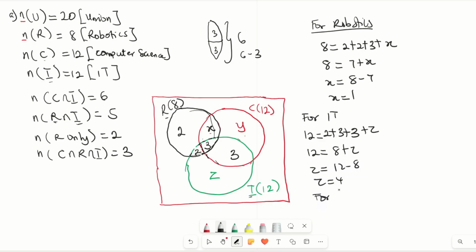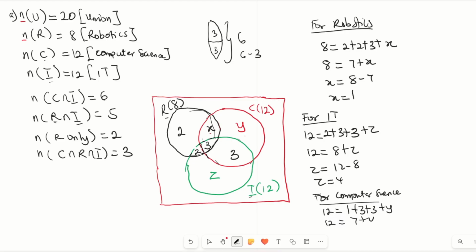And then we also have for computer science, we see that x has already been found as 1, right? So we have 12 is equal to 1 plus 3 plus 3 plus y. So it means that we have 12 to be equal to 7 plus y.